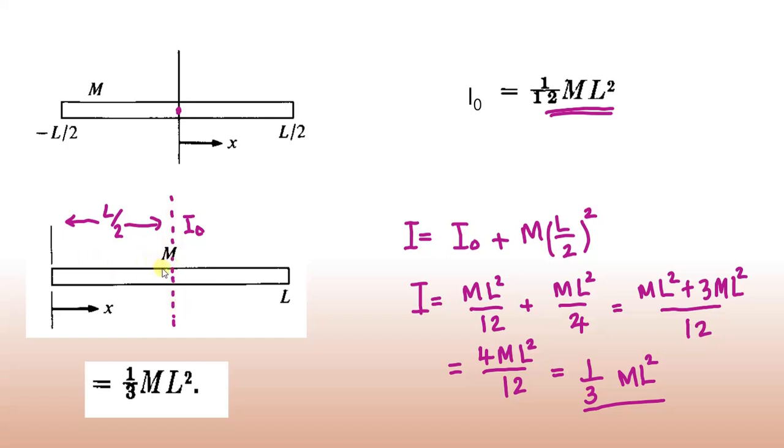Both the axes are parallel. I0 is the moment of inertia about the axis through the center of mass, and the separation between these two axes is L by 2.